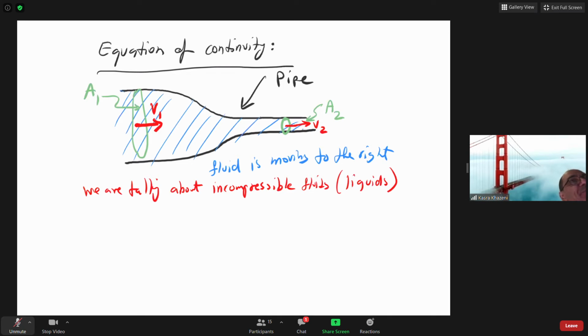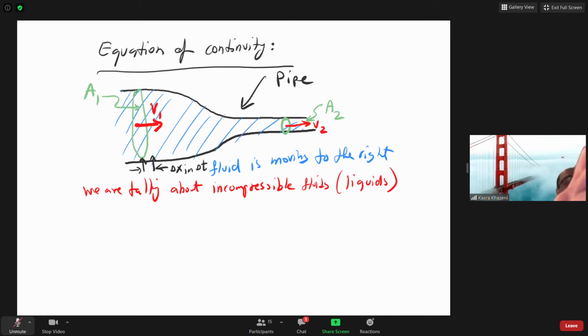So, if you think about this, let's say you're looking at this exact position here, and let's say that amount of fluid moves with that velocity a little bit, some delta x, in delta time.